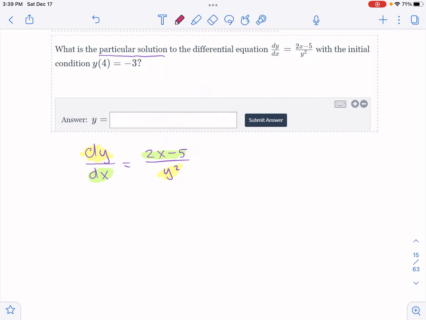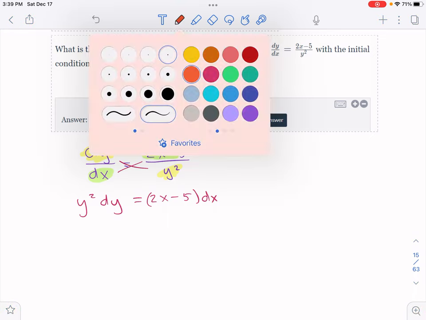They're just like variables. So the term that probably comes to mind is you can cross multiply here in a sense, right? It's not really a math operation, but it gets the job done. y squared dy equals (2x minus 5) dx. Okay, and our goal is to solve for y.